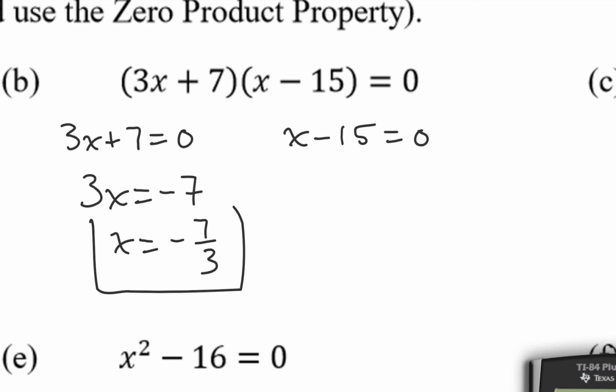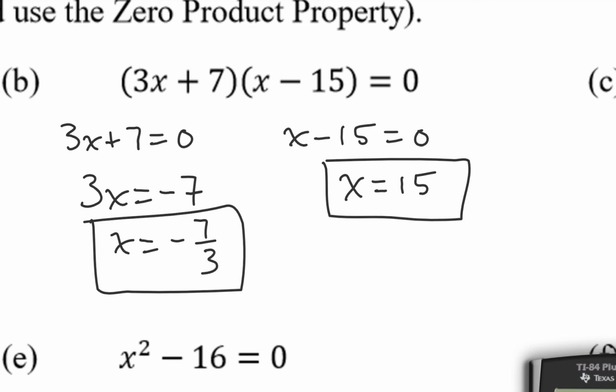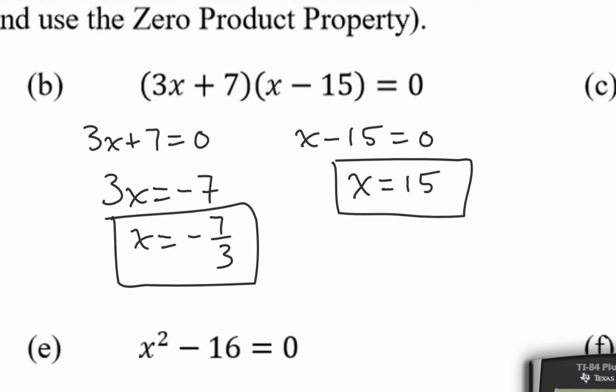That is one solution for that quadratic, and the other one is x is 15. If I plug either value in, it would produce 0. In the case of negative 7/3, it would make this part equal 0, so it doesn't matter what the second part is. And in the case of positive 15, it would make this part equal to 0, so it doesn't matter what the first part is.